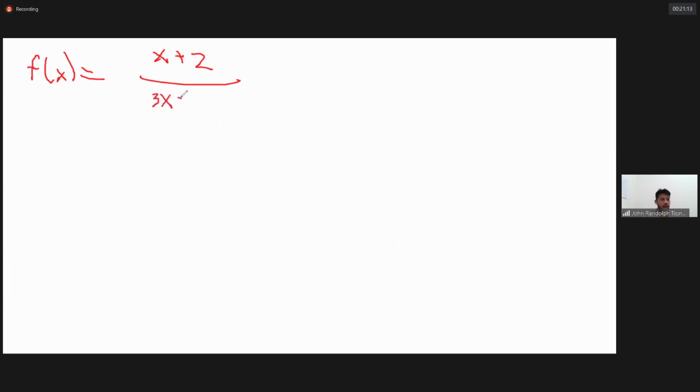Kunin nyo muna yung horizontal asymptote at saka vertical asymptote. Okay, kayo na sumagot dyan sa papel nyo. And then, send me sa Zoom chat yung vertical asymptote, kung may sagot na, at saka horizontal asymptote.